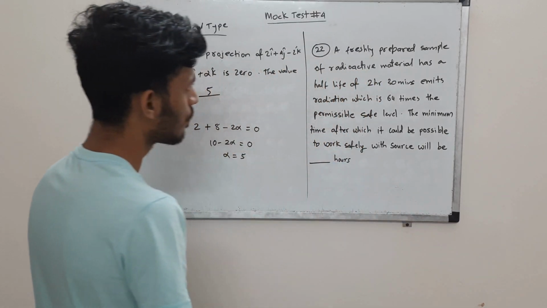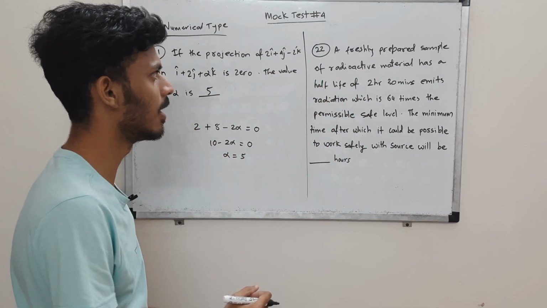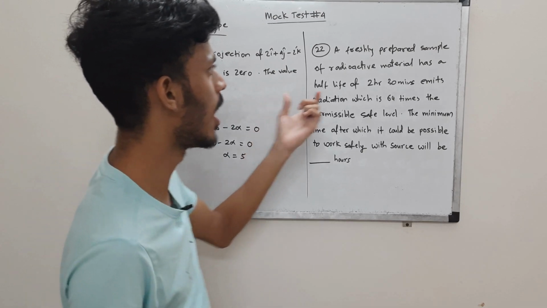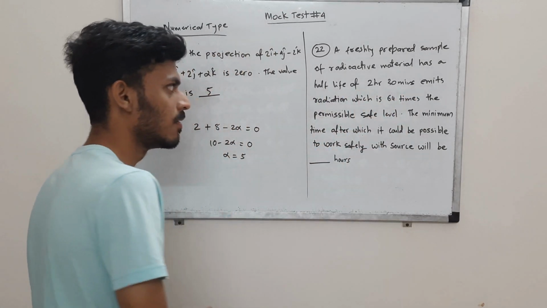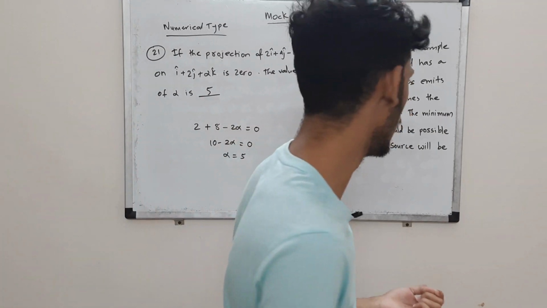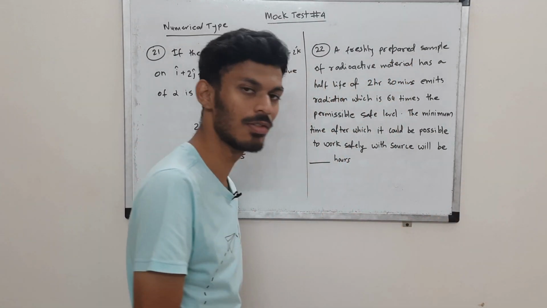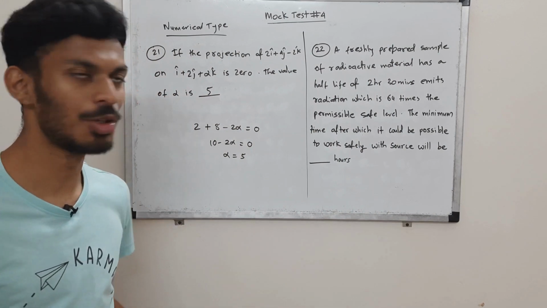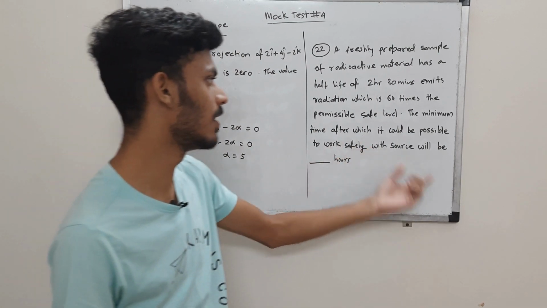We are told that we have freshly prepared a radioactive material which has a half-life of this. It emits radiation which is 64 times the permissible safe level. So if you want to work with the sample, how much time you should wait in order to work safely with this source.